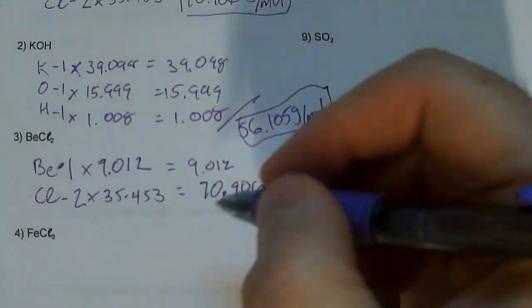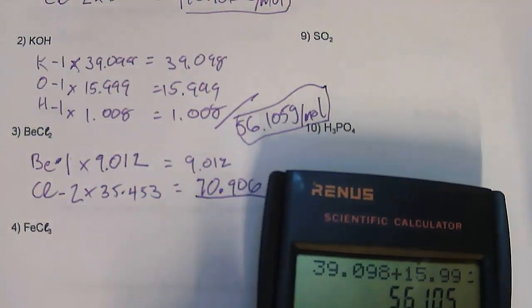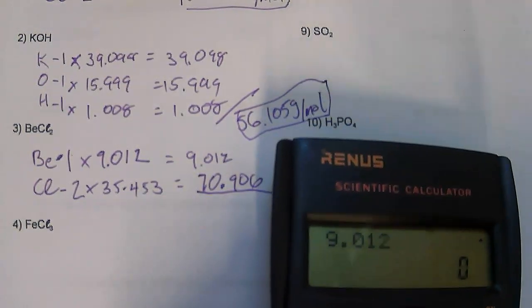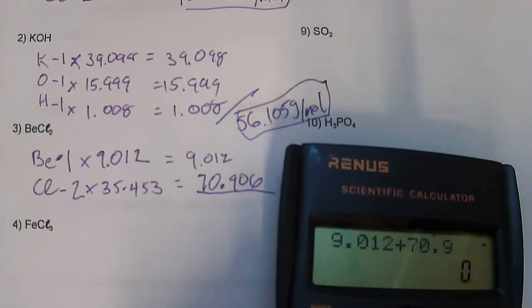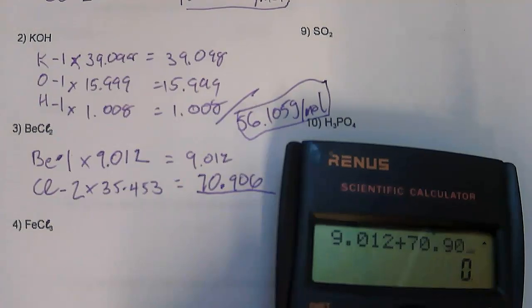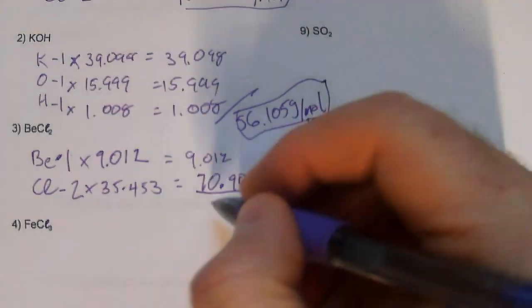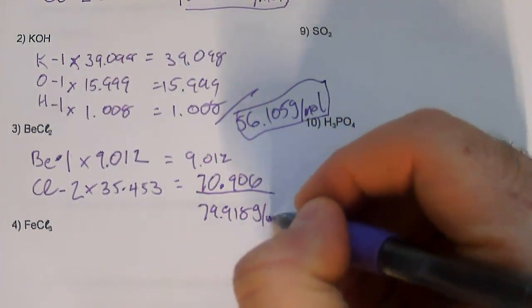Okay, so we're going to take these and add them up. I have a little space here. 9.012 plus 70.906 is 79.918. 79.918 grams per mole.